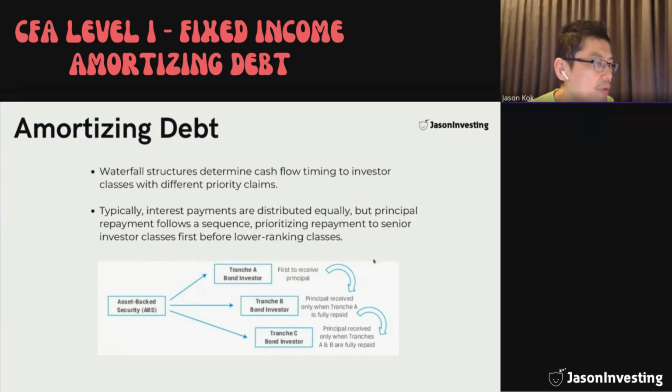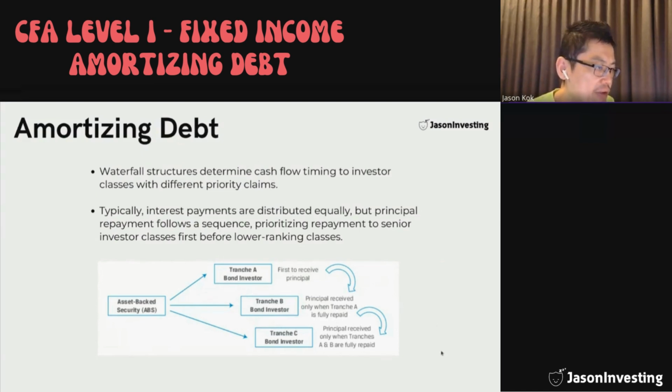But for now, all we need to know is that this is an asset-backed security. So the assets could be loans, such as credit card loans or other receivables, or it could be just mortgage-backed securities. And the reason why this is categorized under amortizing debt is because we want to reduce the principal over time.